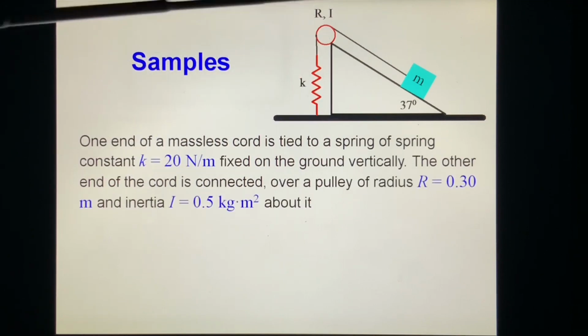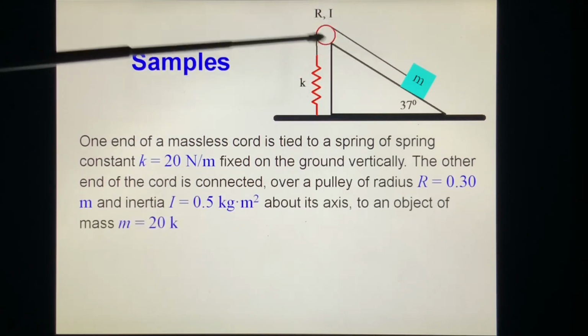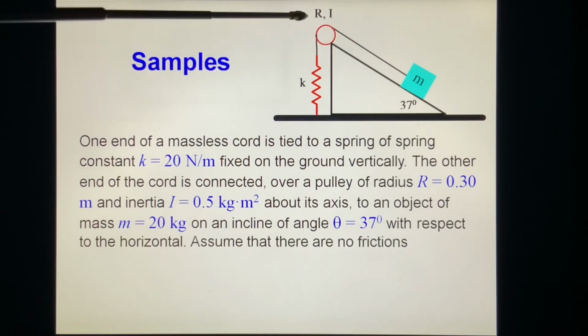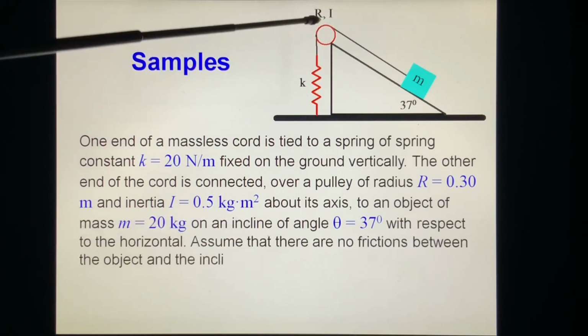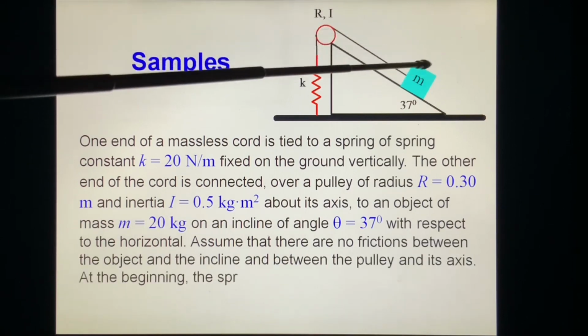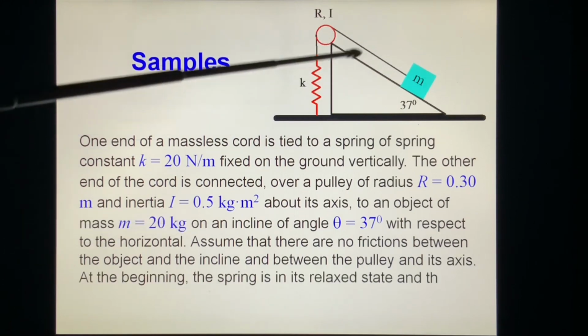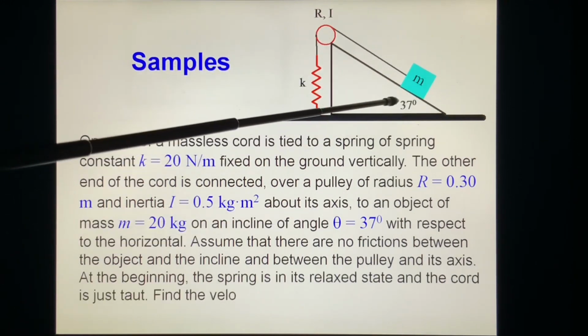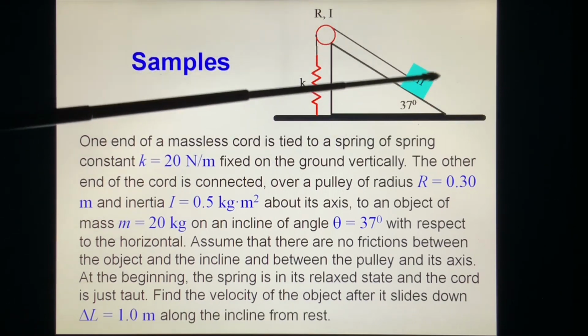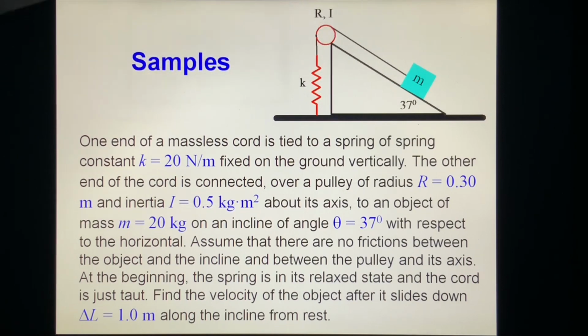The other end of the cord is connected over a pulley of radius R = 0.30 meter and inertia I about its axis of 0.5 kilogram meter squared, to an object of mass m = 20 kilograms on an incline of angle theta = 37 degrees with respect to the horizontal. Assume there is no friction between the object and the incline and between the pulley and its axis.